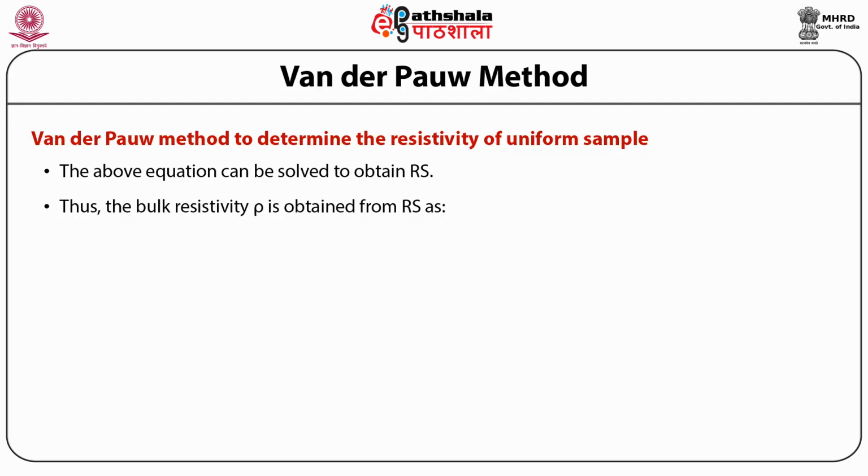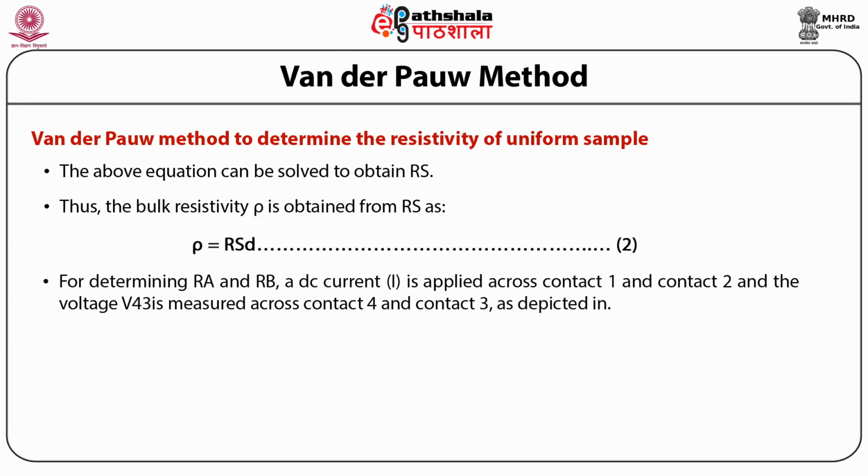Thus, the bulk resistivity is obtained from Rs as rho equals Rs into d. For determining Ra and Rb, a DC current I is applied across contacts 1 and 2 and the voltage V43 is measured across contacts 4 and 3.